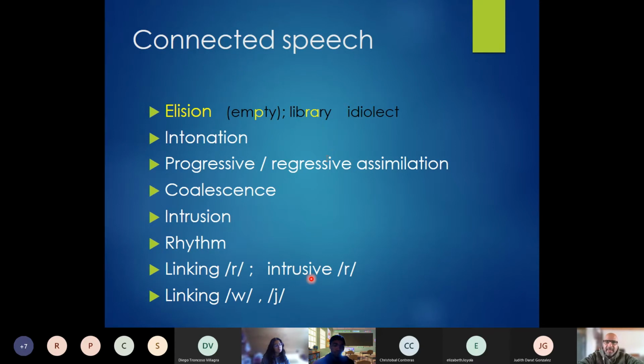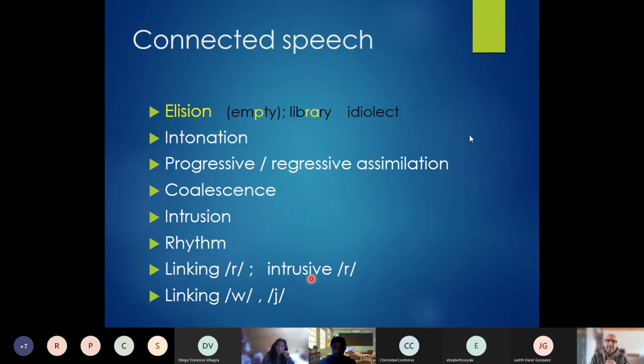It's not empty, okay? And some people also refer to compression as another feature of connected speech, when you compress a whole syllable.